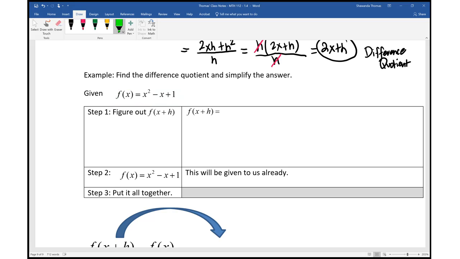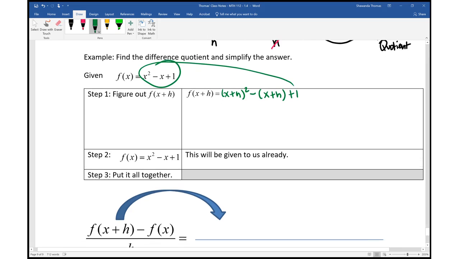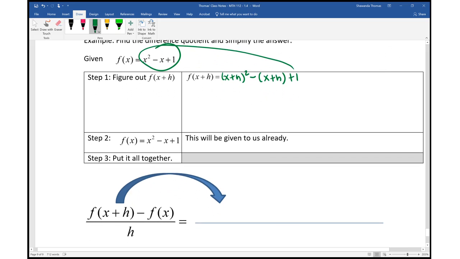All right, so instead of an x squared, we are going to put x plus h squared minus x plus h plus 1. So I'm just following this part right here. And instead of an x, we're putting x plus h. All right, we got what we needed for f of x plus h.